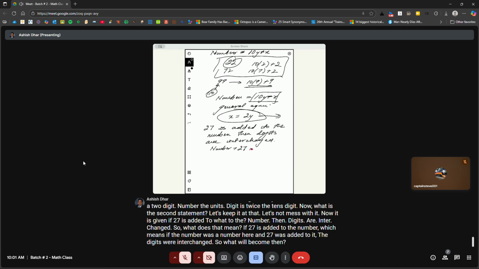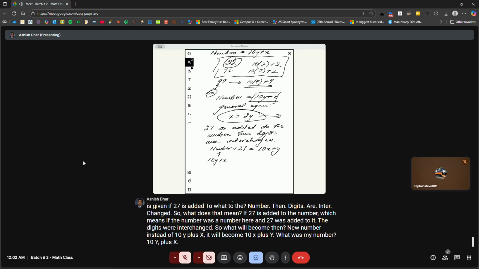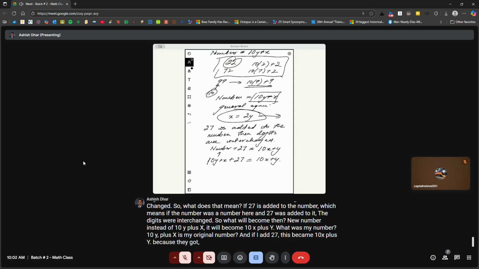So what will become the new number? Instead of 10y plus x, it will become 10x plus y. My original number is 10y plus x, and if I add 27, this becomes 10x plus y because they got interchanged.